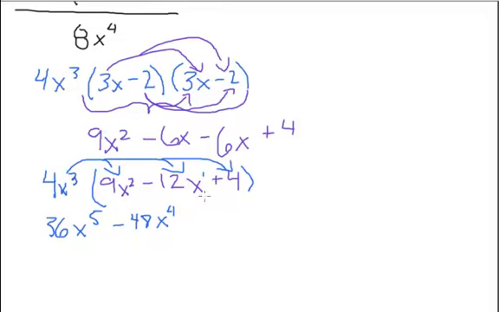And lastly, 4x³ times 4 is going to give me 16, because 4 times 4 is 16. Since there's no variable there, it's just going to give me that x³, so x to the 3.